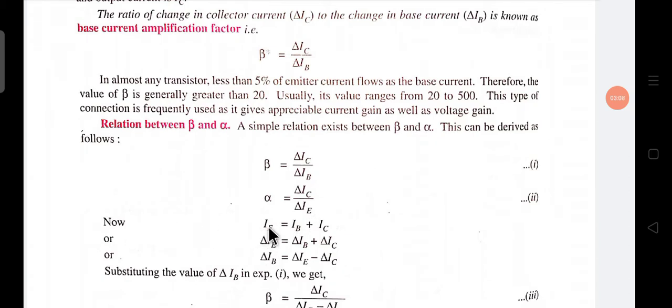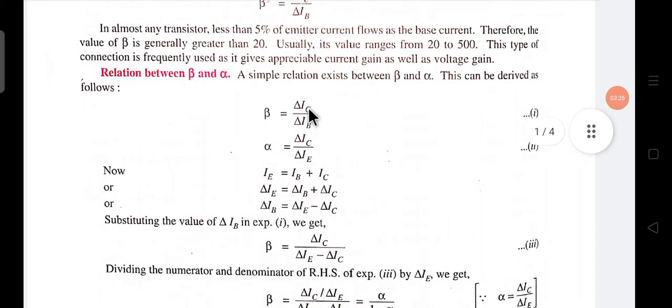We know that IE equals IB plus IC, so delta IE equals delta IB plus delta IC. So IB equals IE minus IC. In the place of IB in beta we place this. So beta equals delta IC by delta IE minus delta IC.